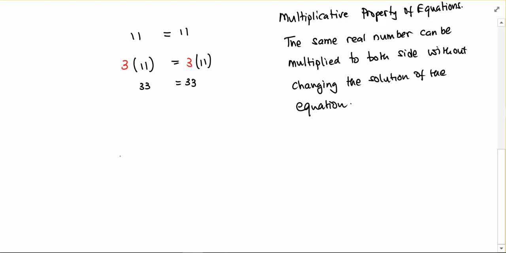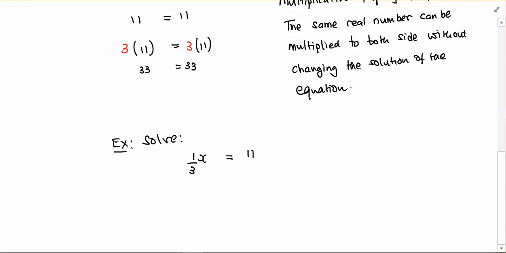So for example, solve, let's say we had 1/3 x equals 11. So I know that if I multiply the left side by a number and the right side by the same number, I get the same solution. But I have to be smart about the number I choose.